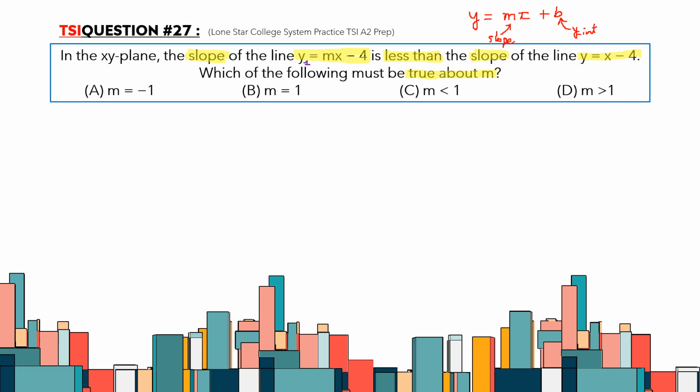The second line is y2. So we write y1 equal mx minus 4, and y2 equal x minus 4.